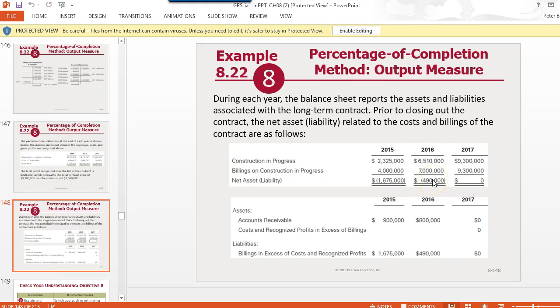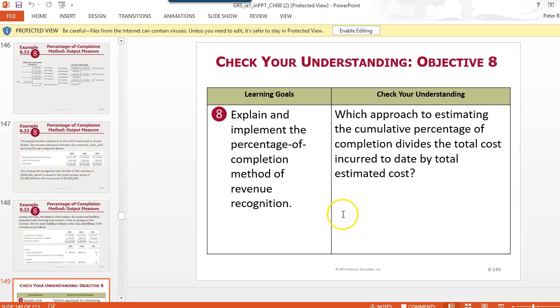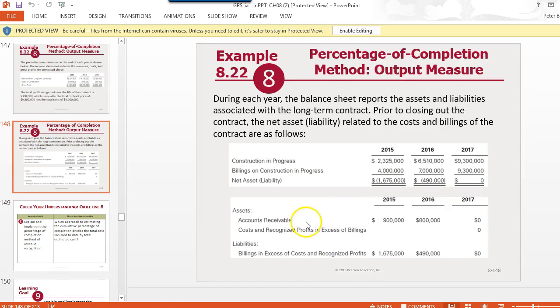Same with year 2016. On the asset side, you've got 900,000 less the liabilities of 1,675,000. So this negative net is now presented as a liability.